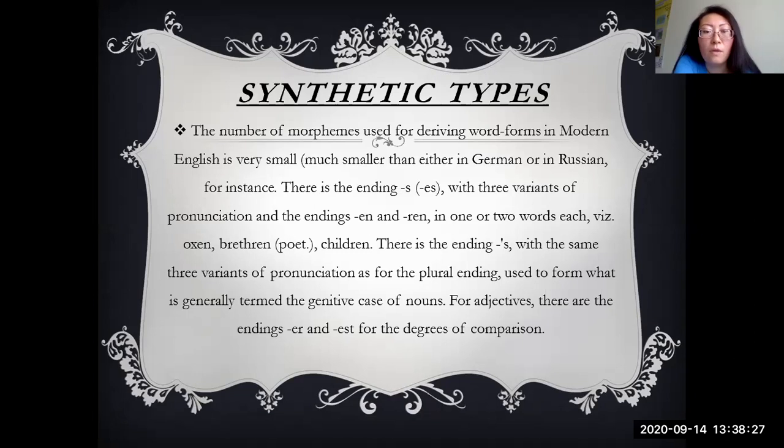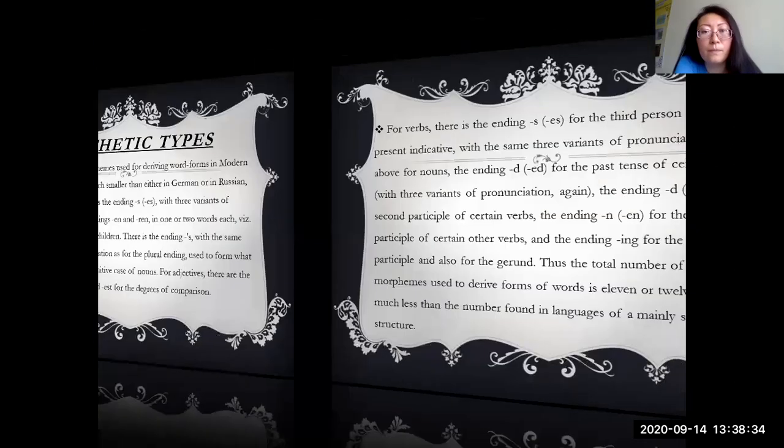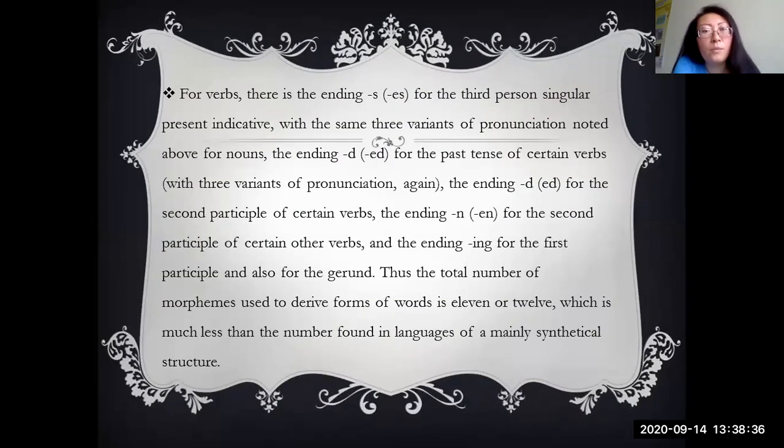For adjectives, there are the endings er and est for the degrees of comparison. For verbs, there is the ending s, es for the third person singular present indicative, with the same three variants of pronunciation noted above for nouns. The ending d or ed for the past tense of certain verbs, with three variants of pronunciation again: d, t, id.